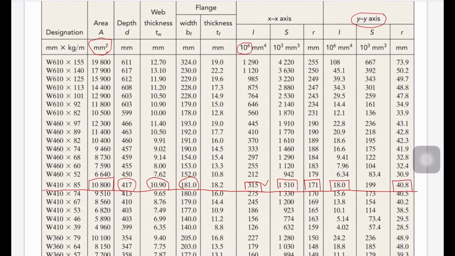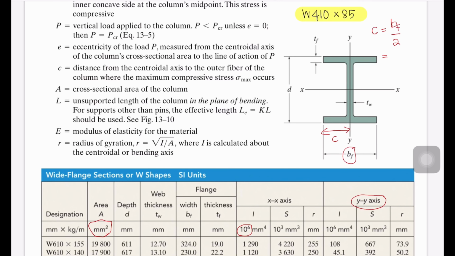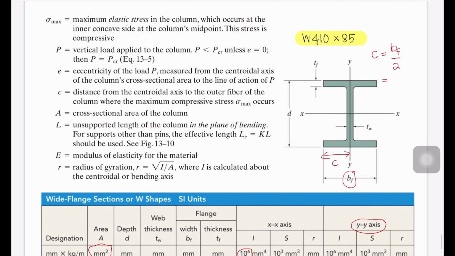From there you can identify what kind of parameters you want to use for the question. So this is already given in the test. This is only if the question asks you to find the geometric parameters for this type of column, this specific column.